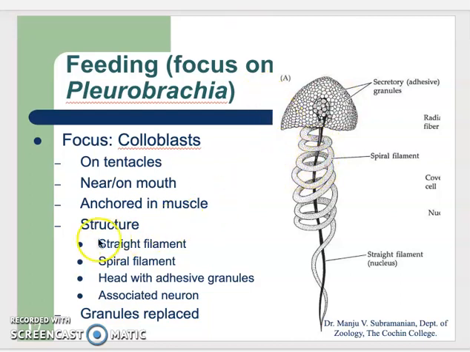Once these granules are secreted or burst out, these granules are again replaced. So this is a microscopic structure of a colloblast cell.